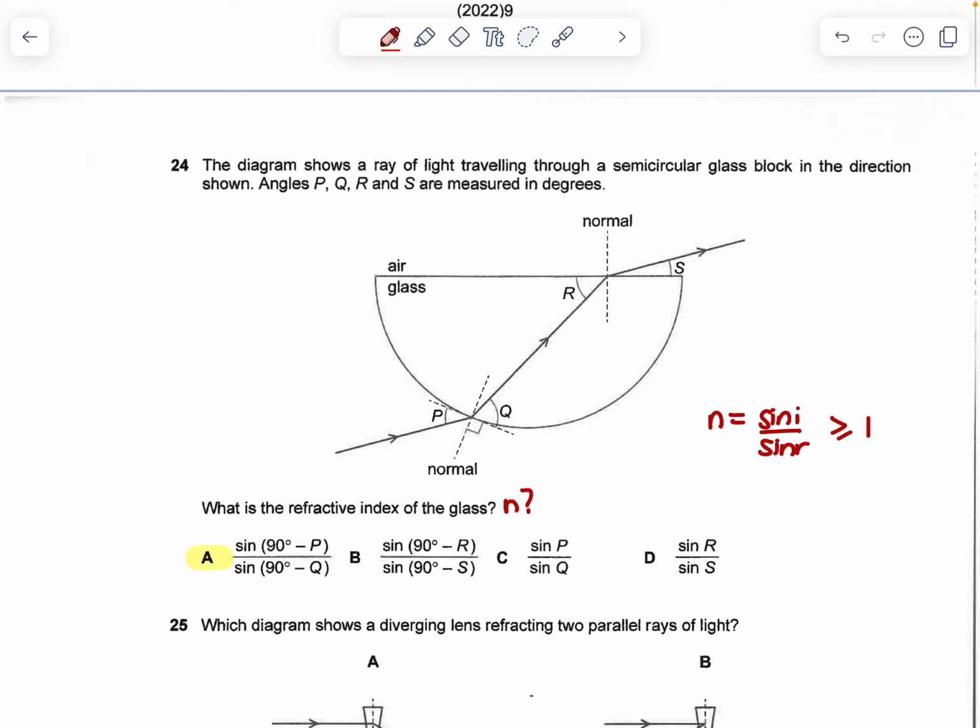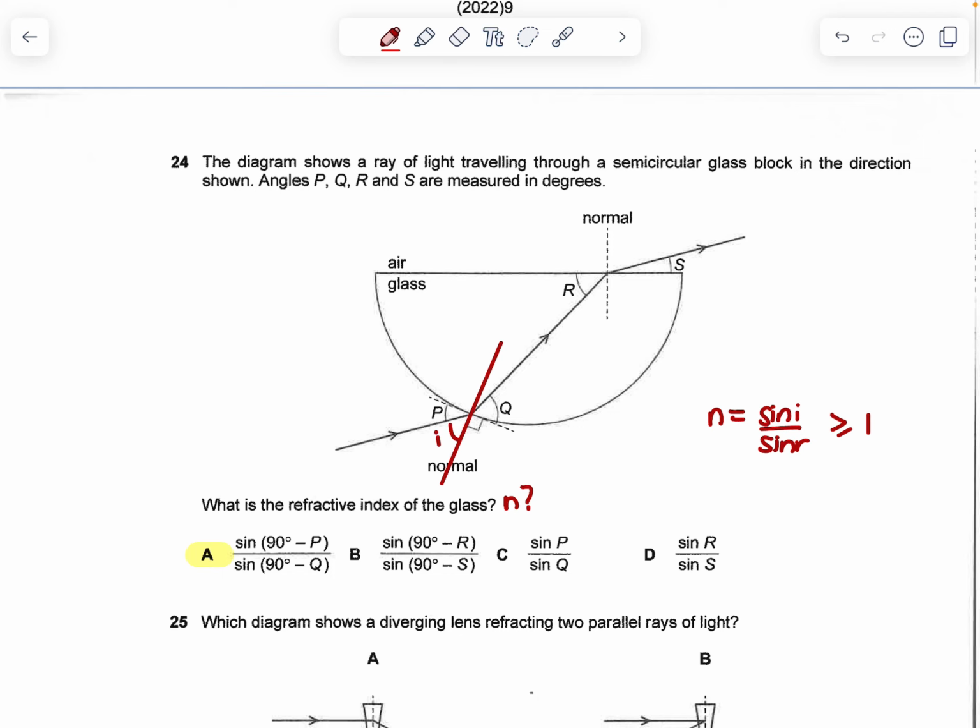So here you have the normal. I always say that it's the ray sticking to the normal. So this is the angle of incidence. This is the angle of refraction. i and r. To get i is 90 degrees minus P. To get r is 90 degrees minus Q. So answer is A.